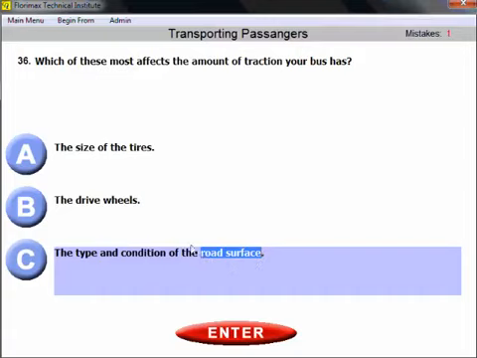If the road surface is affected by the weather condition, then definitely the traction would be affected too. No, the size of the tires and the drive wheels have nothing to do with the amount of traction. Traction depends mostly on the type and condition of the road surface. That's why you should be extremely cautious when the weather condition changes during rain or snow.